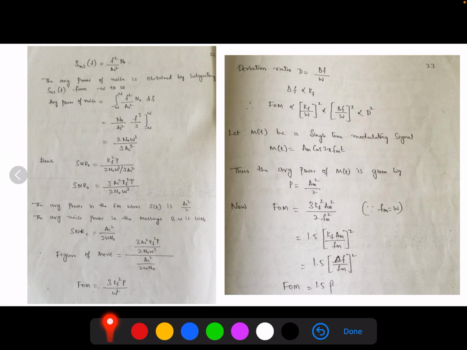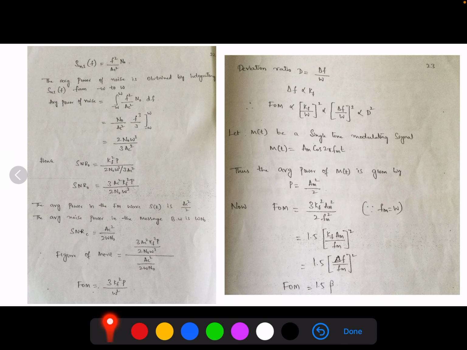Moreover, we can increase the value of modulation index beta of FM beyond 1, but in AM it will cause distortion. Therefore, we can say that the noise performance of an FM system will always be better than an AM system.